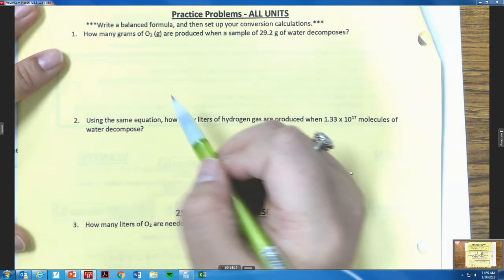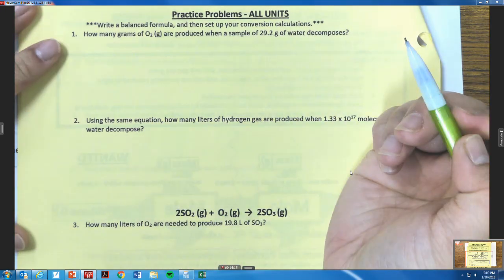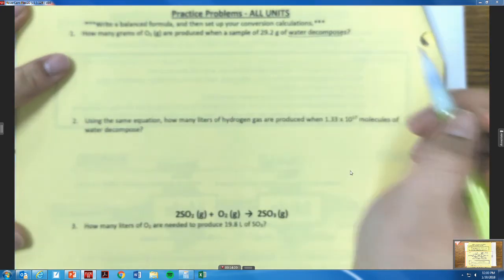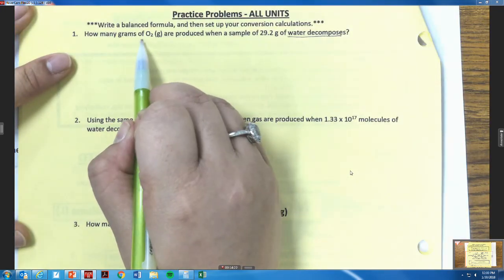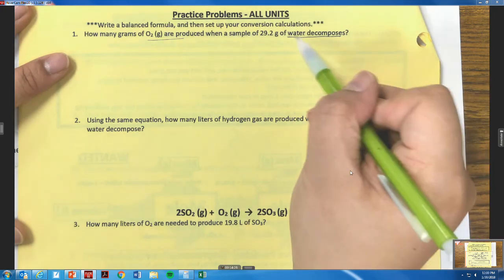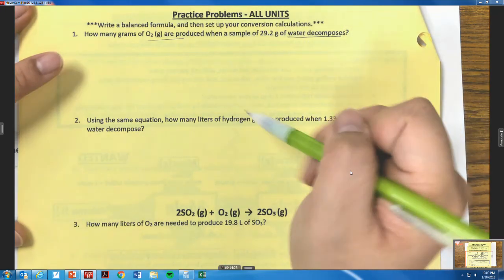Okay, so the equation that I'm getting from this is water decomposes, and it's asking how many grams of O2 are produced. So I know that oxygen is going to be a product when water decomposes.